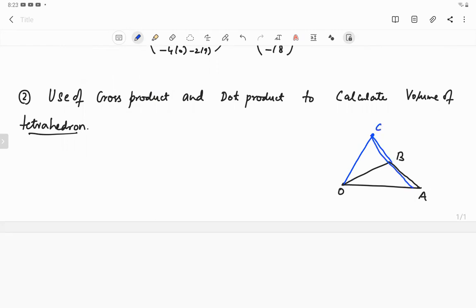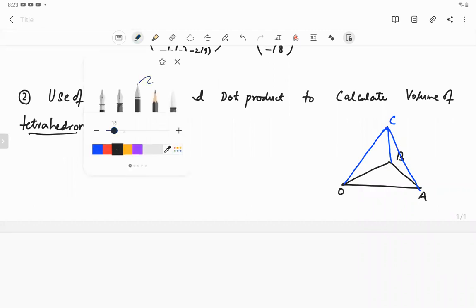C is at the top, and this forms a pyramid. Let me redraw it for you. Like this. It's a kind of a pyramid with the OAB lying on the base.